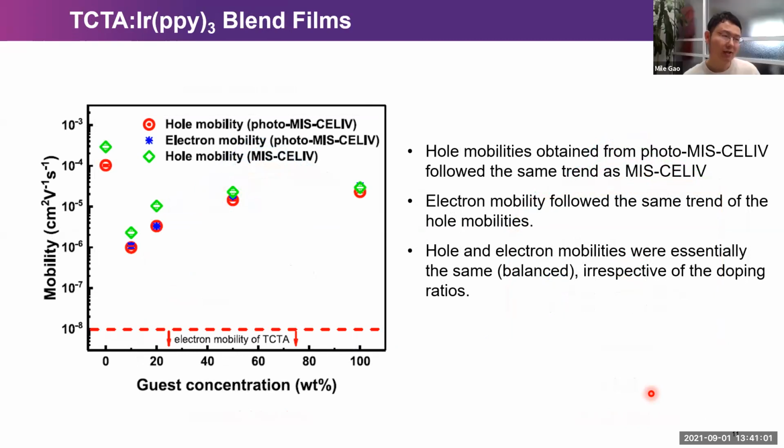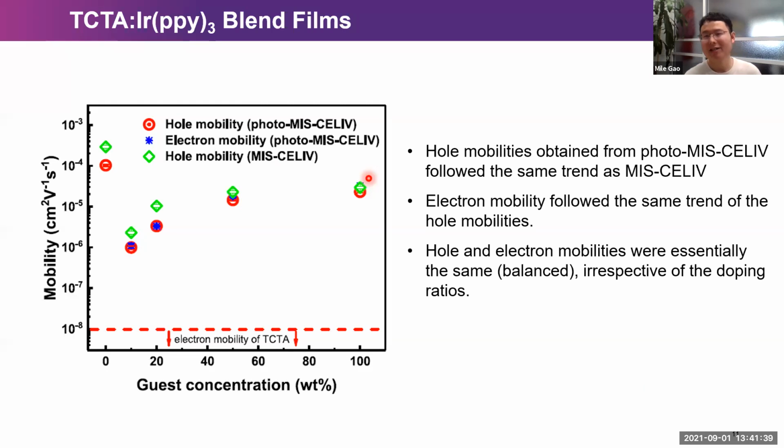I believe the reason for this difference can be many, because in one we are measuring the extraction of the injected charges, and in the other we measure the photo-generated charges. Also, I didn't plot the errors, but if you include the errors, you can see that the values are actually very close.